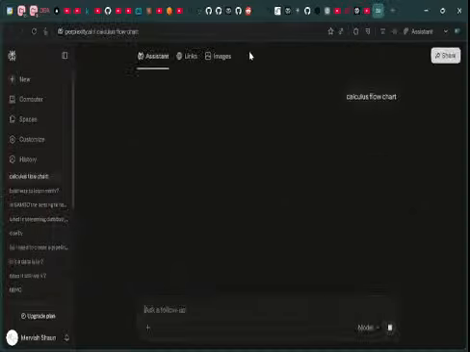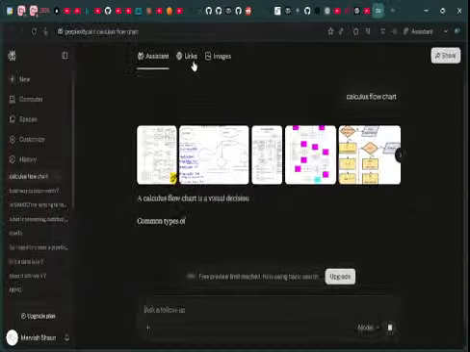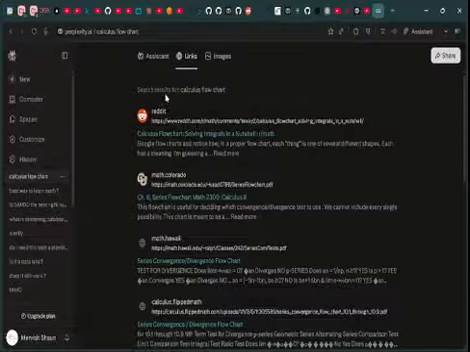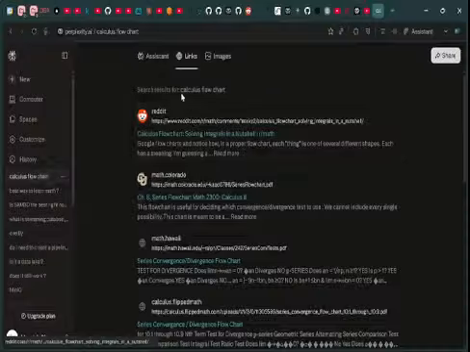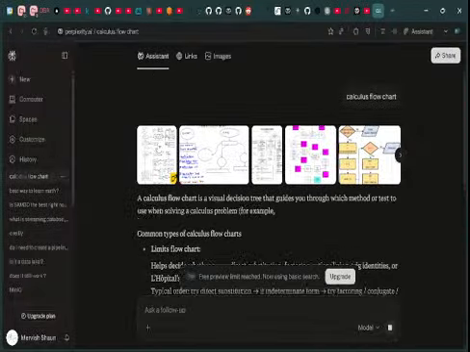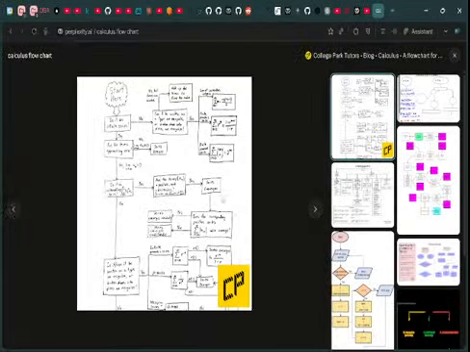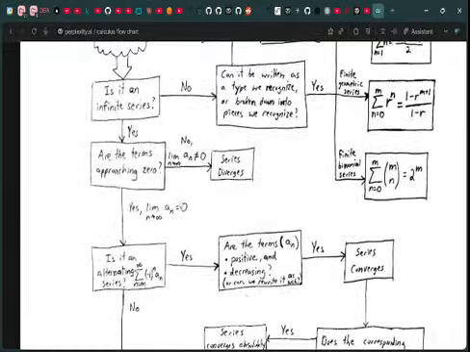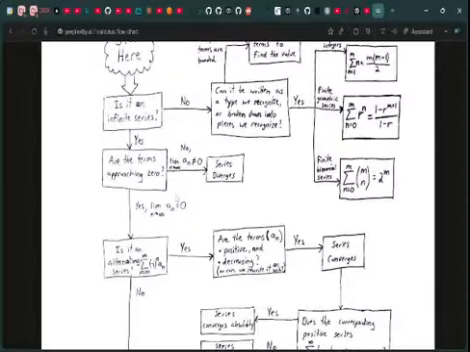Let's look at the calculus flow chart. Okay. Is it an infinite series?